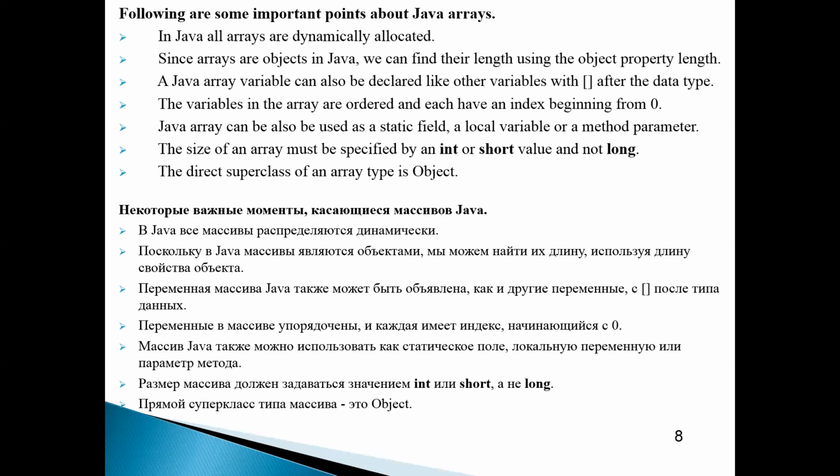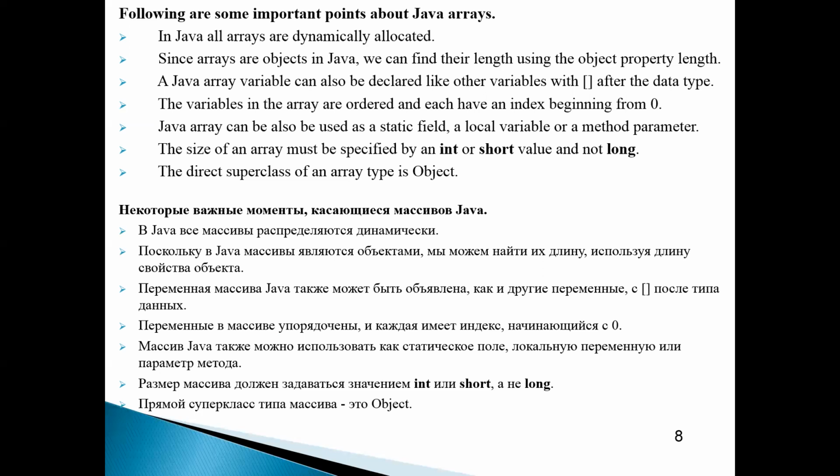Okay, next important point about Java arrays. A Java array can also be used as a static field, a local variable, or a method parameter. Next important point about Java array.